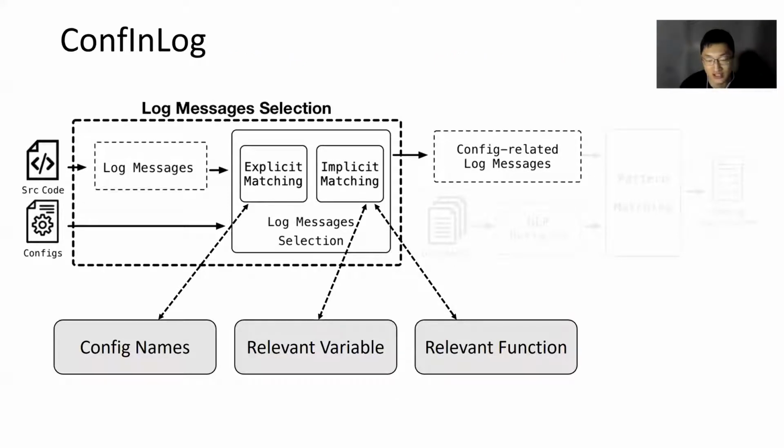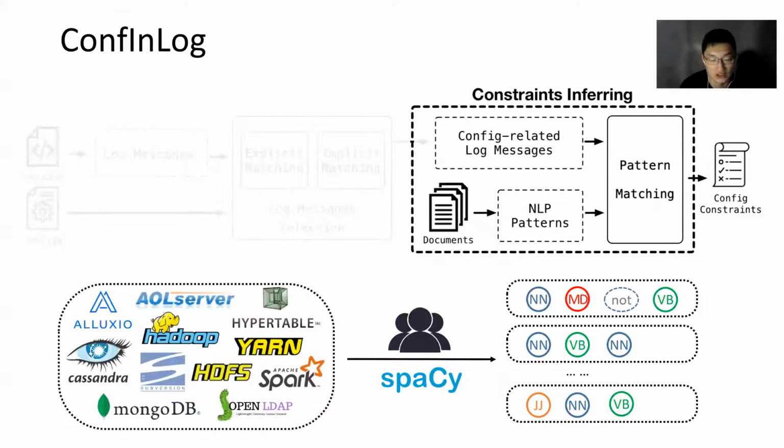In the log message selection step, ConfInLog collects the log messages and selects configuration-related ones. Briefly speaking, ConfInLog first checks whether there is any configuration name inside the log message. If not, ConfInLog applies backward slicing and tries to match variables and functions related to configuration options in the slice.